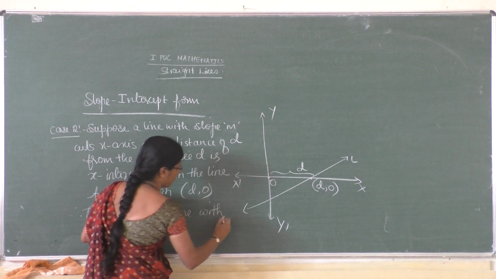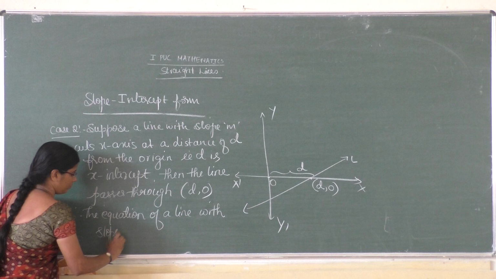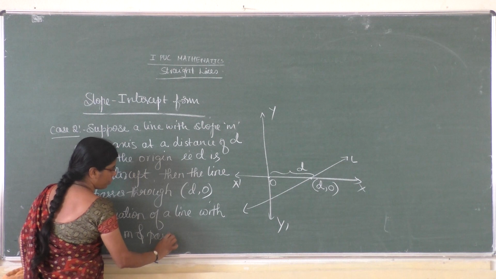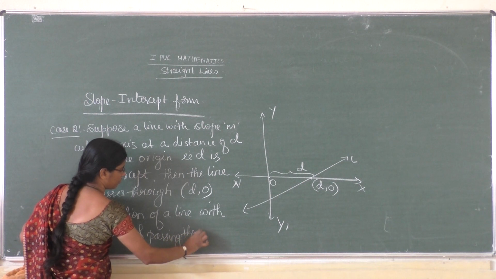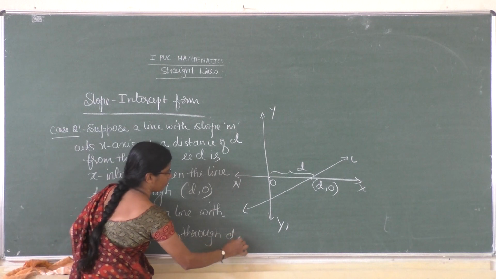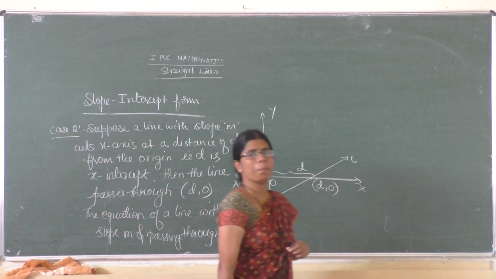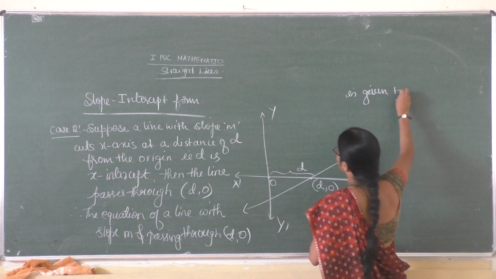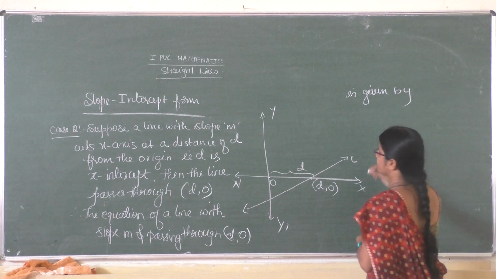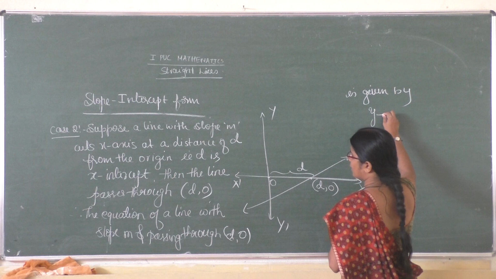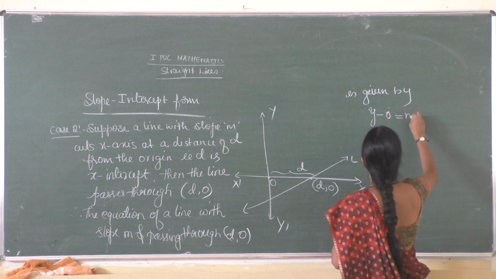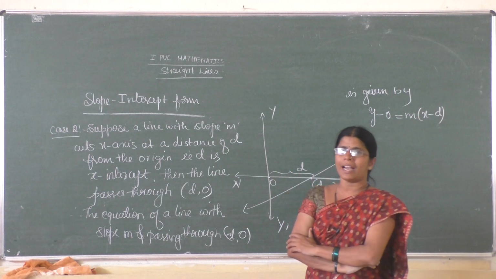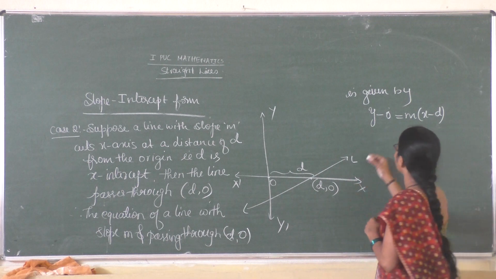Therefore the equation of a line with the slope m and passing through d comma 0 is given by y minus 0 equal to m into x minus d, because we already wrote the equation in the form y minus y naught is equal to m into x minus x naught.